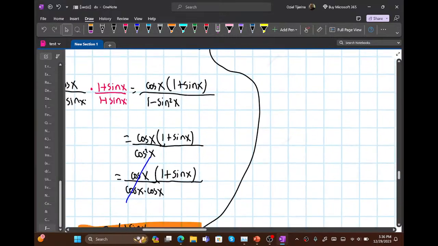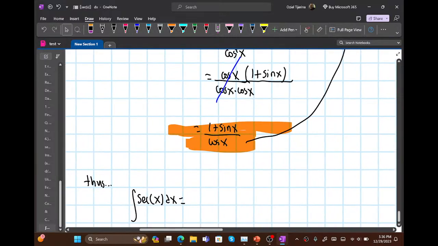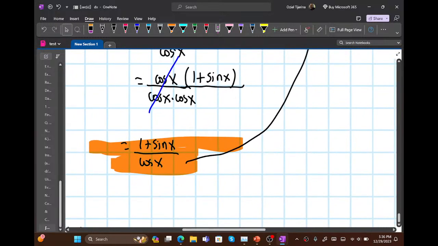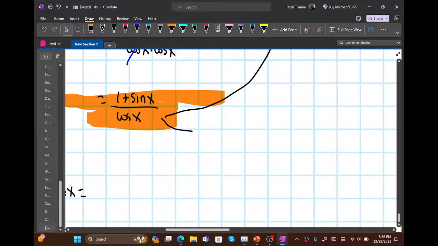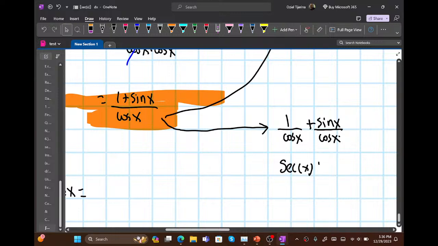Or I'm sorry, it's gonna be, this is gonna equal this, hold on, it's gonna be 1 over cosine x plus sine x over cosine x, which is really secant of x plus tangent of x.